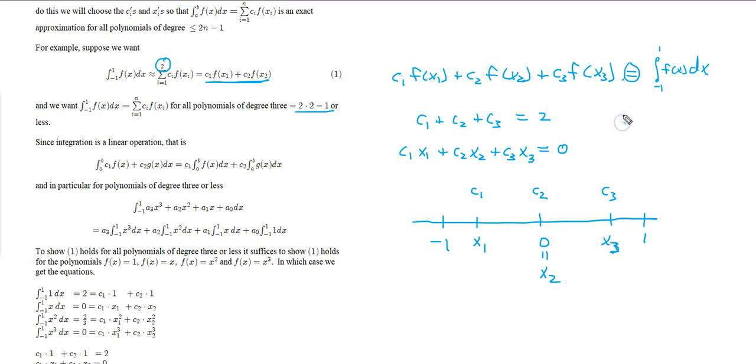So in other words, making assumptions like c1 has to equal c3, x1 should equal negative x3, x2 should be 0, you'll be able to solve all of those equations for the c's and x's. And when you do that, here's what you get.